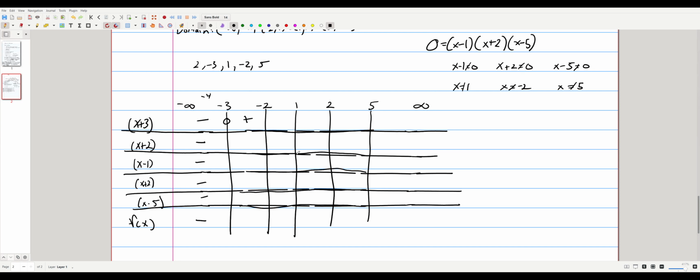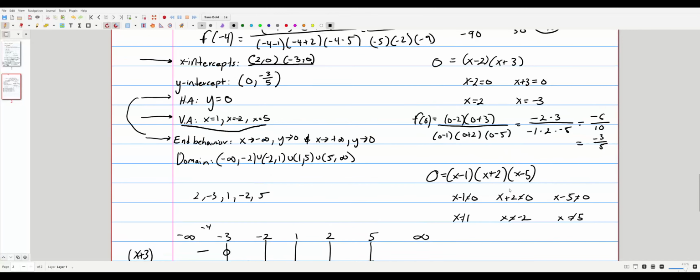Okay? And so the way this works is you just put open circles, which is a 0. Anywhere you have the binomial equal to 0, since negative 2 makes this one 0, we put an open circle here. 1 makes this one 0. Okay? 2 makes, this one should be x minus 2, right, from the numerator.